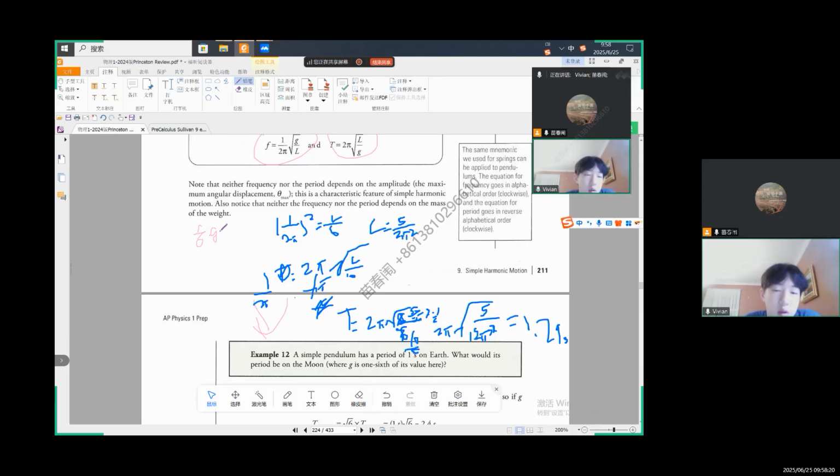Okay. 5 over 2 pi squared over 10/6. Oh, so never mind. This is 2.45. Yeah, 2.45.